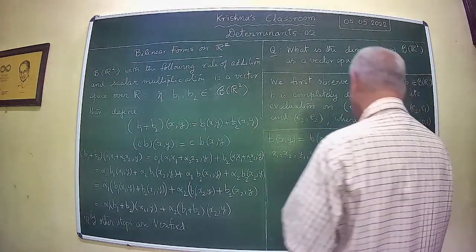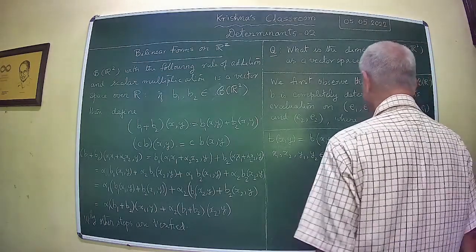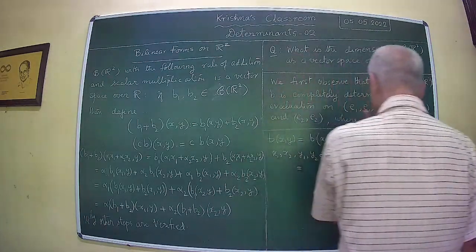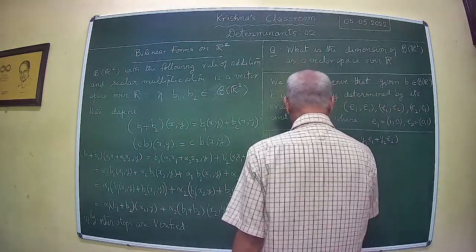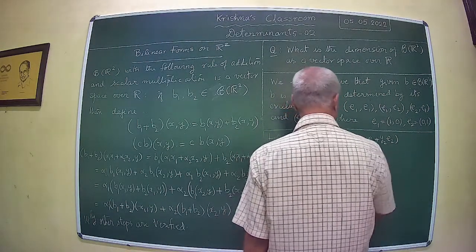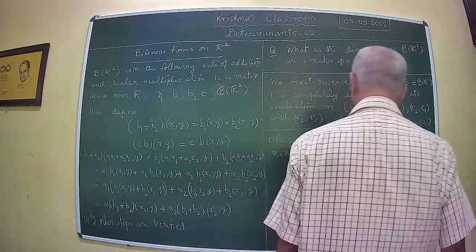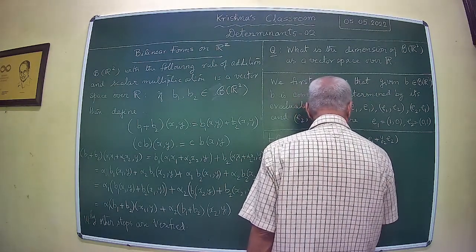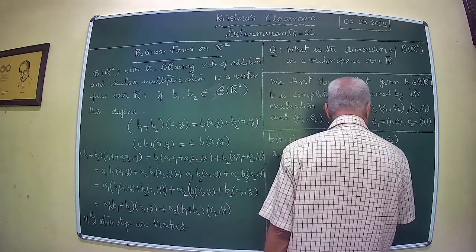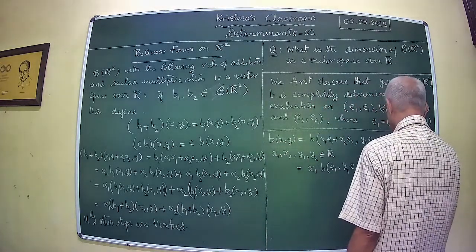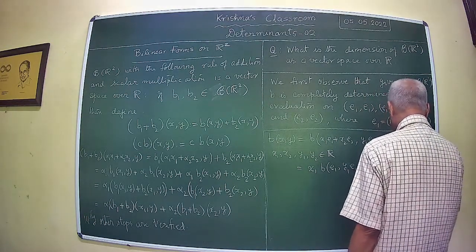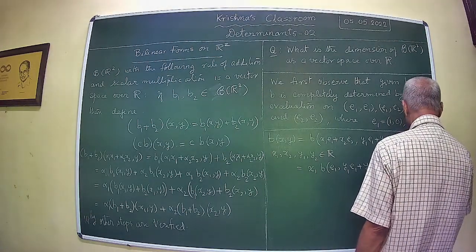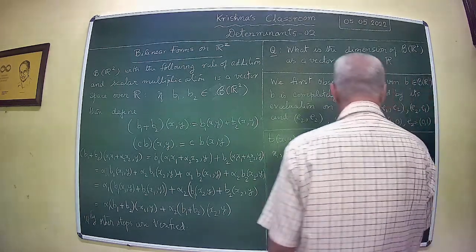Now use the bilinearity, then this is x1 y1 B(E1, E1) and so on.